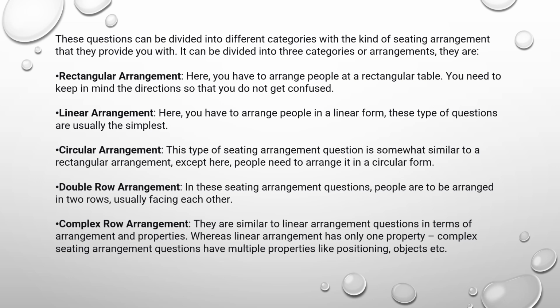You need to keep in mind the direction so that you do not get confused. The second type is linear arrangement. Here you have to arrange people in a linear form. These types of questions are usually the simplest ones. It is just like arranging things in a row.